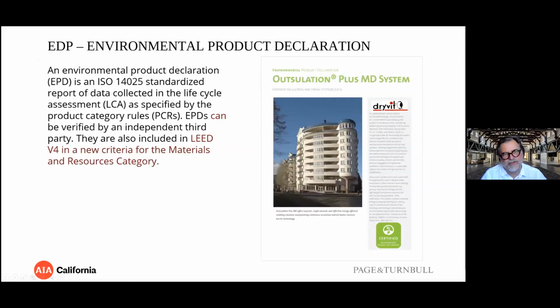And this is just an example of a product declaration, and again, ISO standards, and then there's reporting. LEED a few years ago adopted this in part of their materials and resources category to take a look at the EPDs and assess the impacts of the various materials.